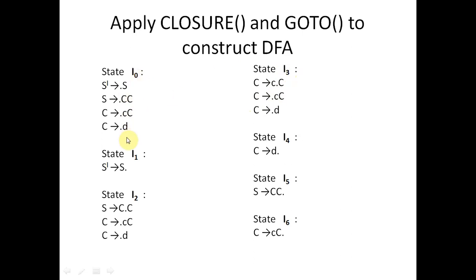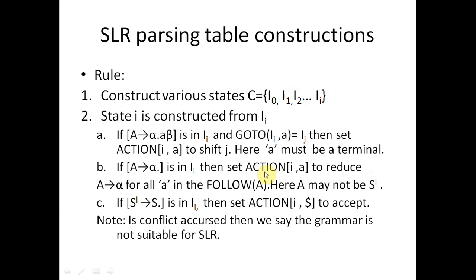I0 state on receiving d, shift the symbol to the stack and write shift 4. So the same thing, I0 on receiving c and d, makes transitions to I3 and I4, and the same thing will be written into the table.